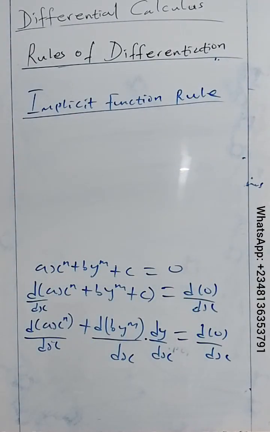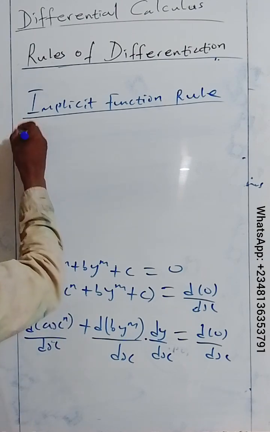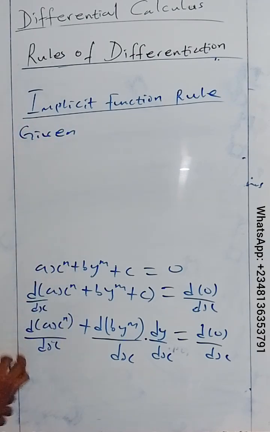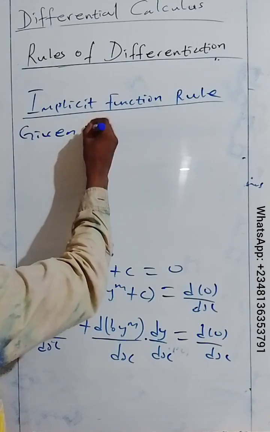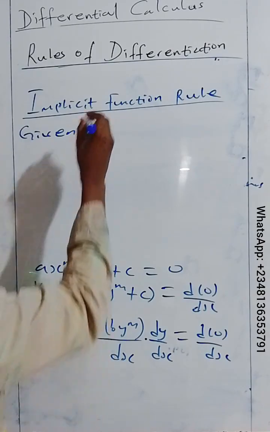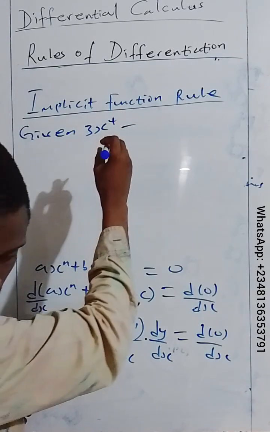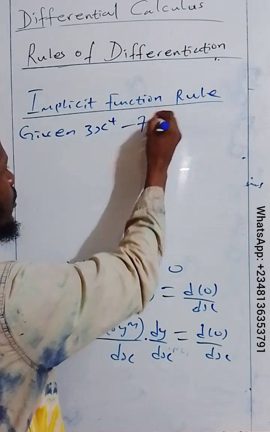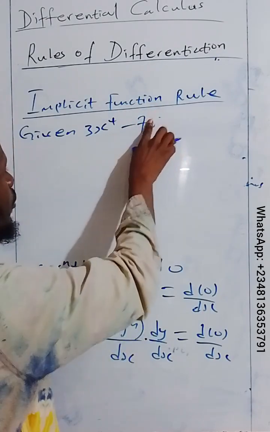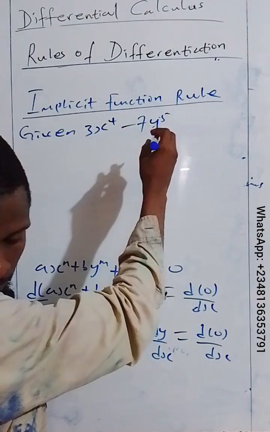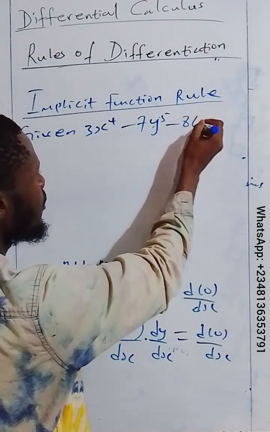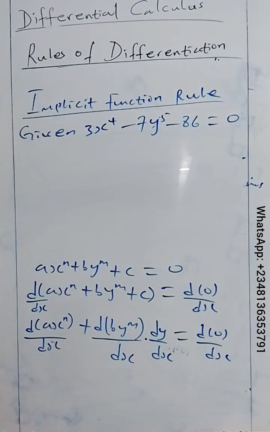Let's assume we are given a function like this: 3x raised to the power 4 minus 7y raised to the power 5 minus 86 equals 0.